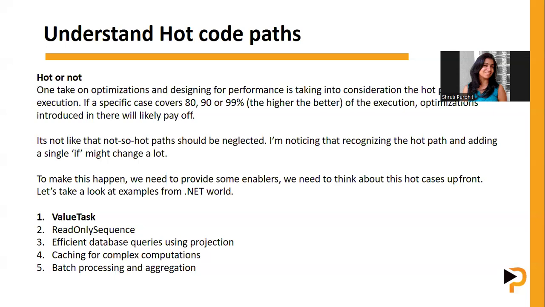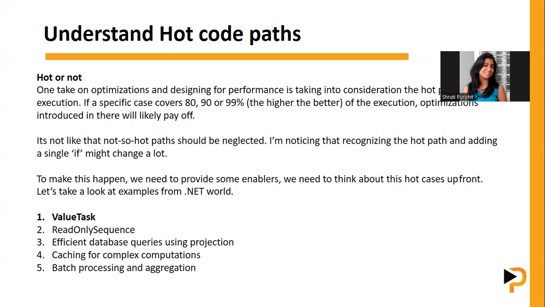When taking optimizations and designing for performance, take into consideration the hot parts of the execution. If a specific case covers 80 to 90 or 99% of the execution, optimization introduced there will likely pay off. It is important. So consider you have written a particular piece of code, and that code is continuously executing, and it's taking 80 to 90% of your execution.